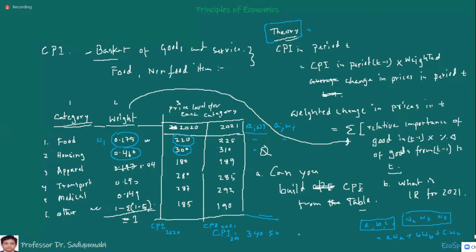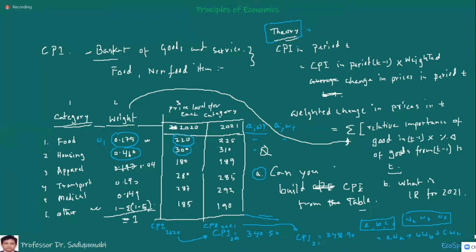And suppose CPI 2021 is 348.95. So this is our answer to question number 1, A.